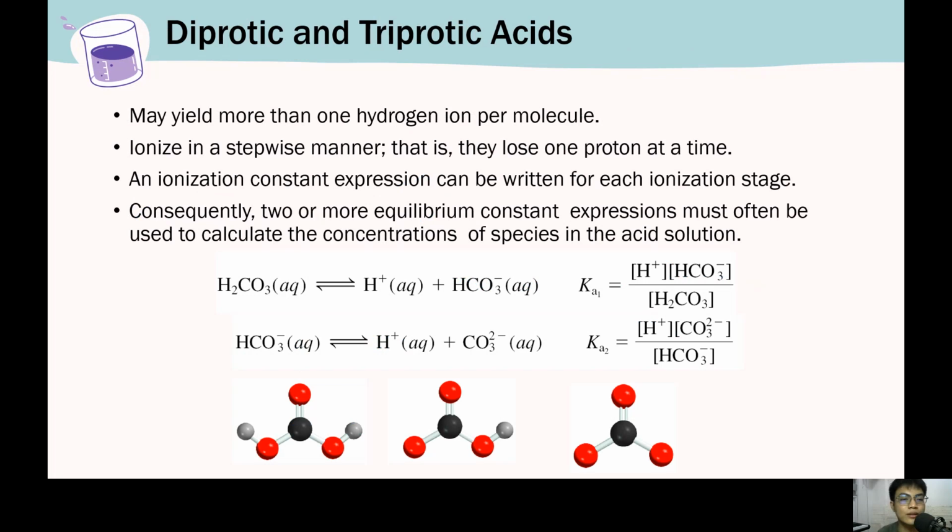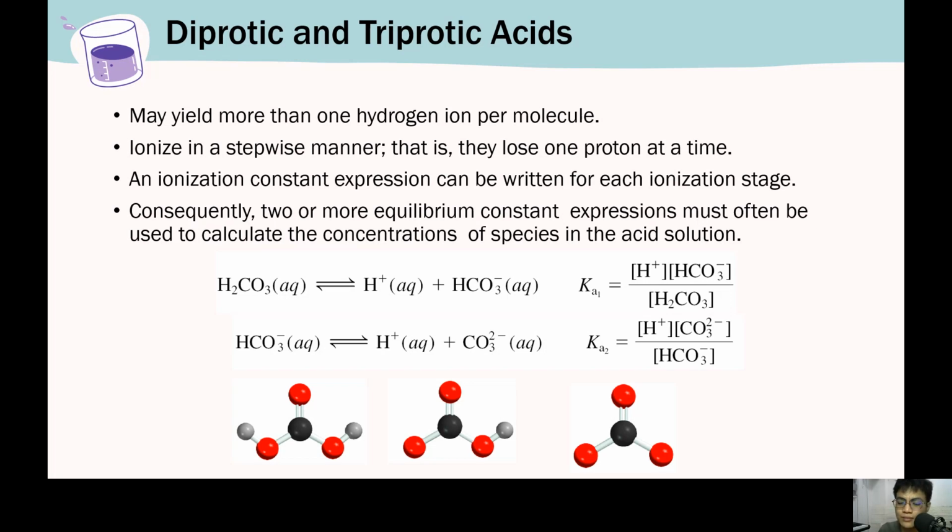So let's continue with diprotic and triprotic acid, although this will not be given more focus in Anachem. What you just need to know is that for diprotic and triprotic acid, they can dissociate into many hydronium ions. So they can donate more than one hydronium ion. Also, the process is stepwise.